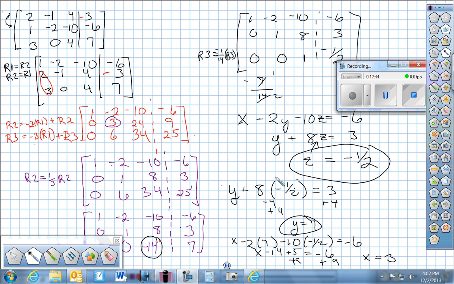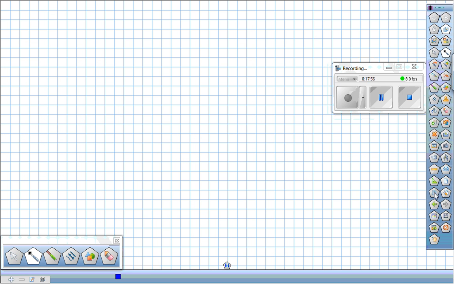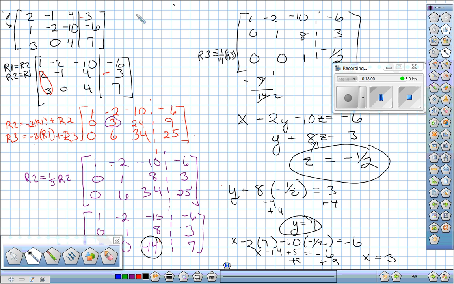And the next thing we have is called reduced echelon form, or reduced row echelon form. Everything that we just did on this back page is called row echelon form.